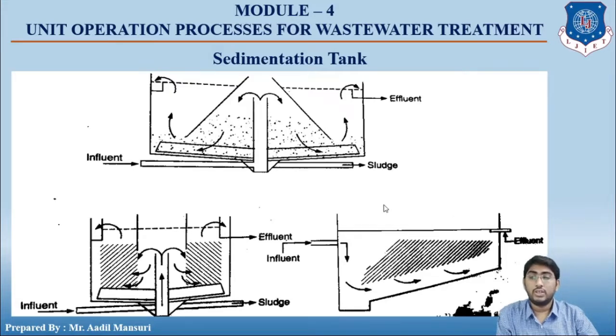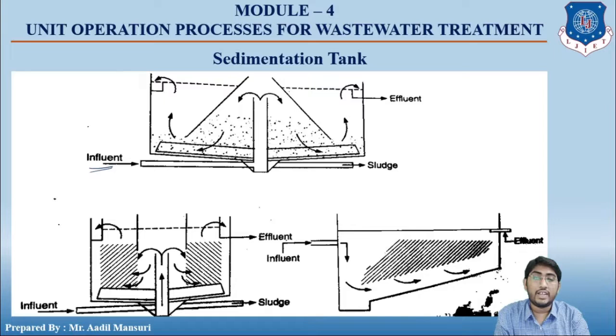Okay, so here you can see that this is the influent, right? Clear? After equalization basin, the next treatment is the sedimentation tank. So this is the influent, right? Influent will enter the sedimentation tank through the central pipe, right?